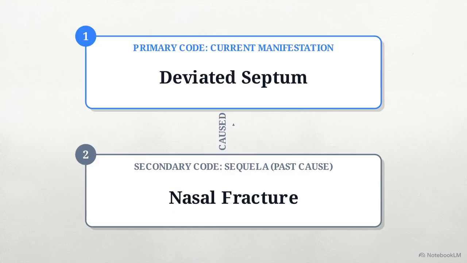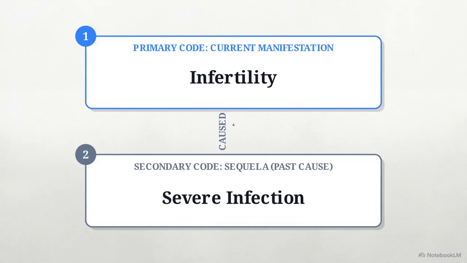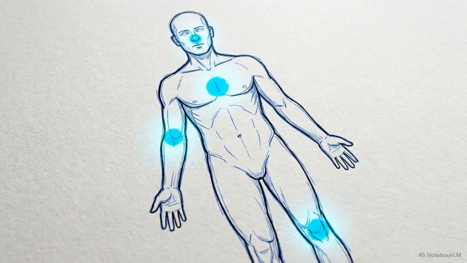The deviated septum, the current manifestation, is the primary code, followed by the nasal fracture sequela code. Finally, consider a patient with infertility caused by a previous severe infection. The infertility is sequenced primary, with the historical infection assigned to the secondary position. Across every anatomical system, the rule is consistent. The residual manifestation is always the primary code.